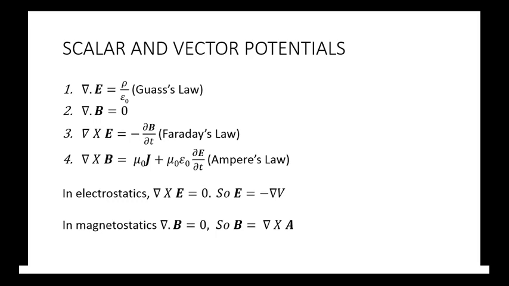We had already studied electrostatics in the previous sem, where we had the equation del cross E is equal to 0. That is, curl of electric field is equal to 0, so that we can represent E as minus del V.